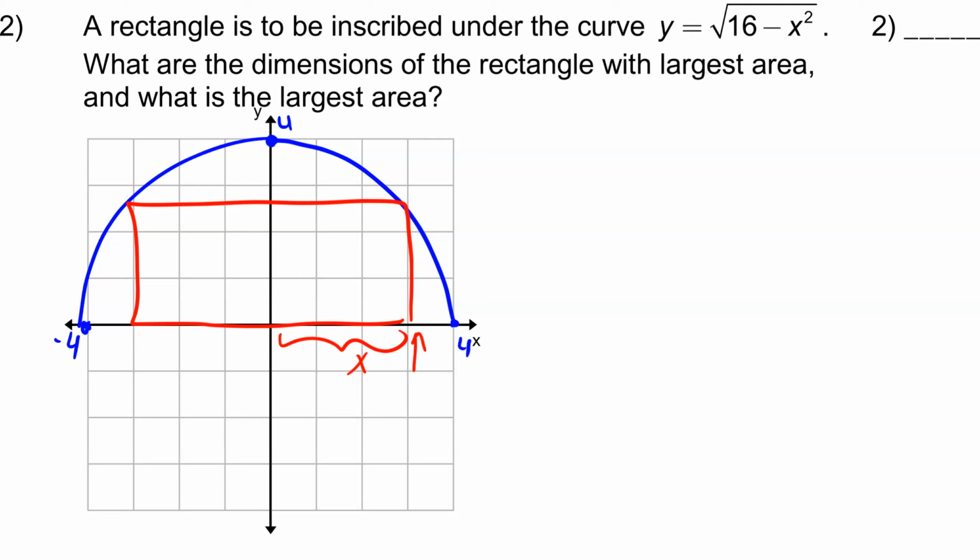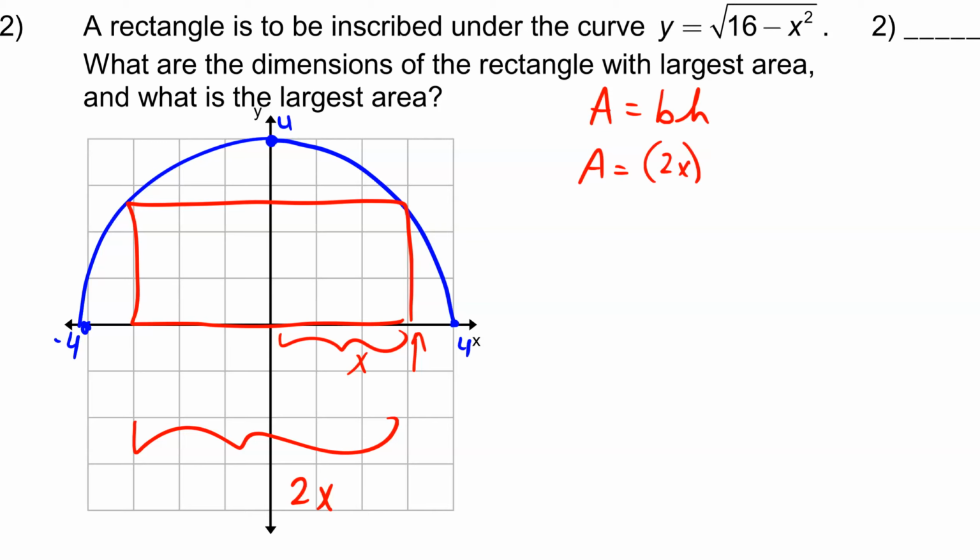All right. So if that distance from our origin to the right end of our rectangle is x, the total length across is twice that, so 2x. Because we're trying to find the area, and area is base times height, I know my base is 2x. I need the height, and it has to be in terms of x.